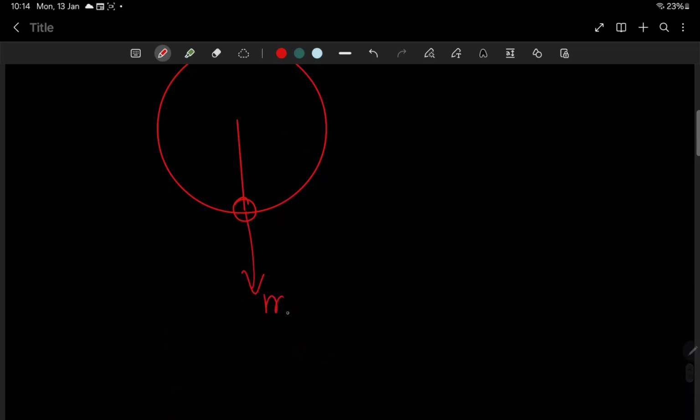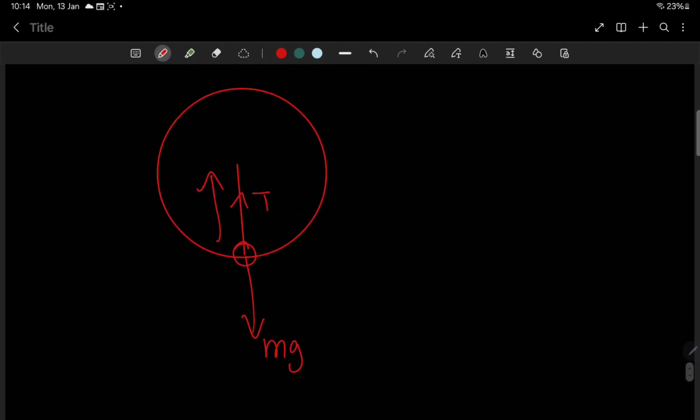Here we are having mg, we are having tension, and we are having another force known as the centripetal force, that is mr omega square. What is centripetal force? Centripetal force is equal to mv square by r, that we know, but in terms of omega it is mr omega square.